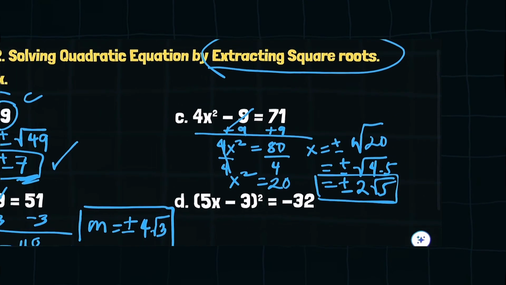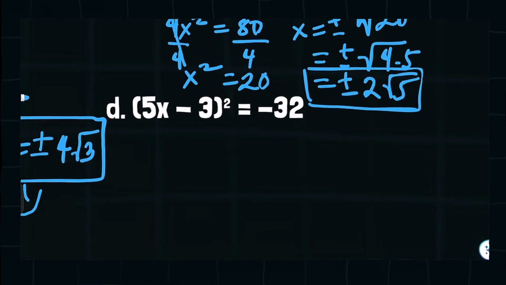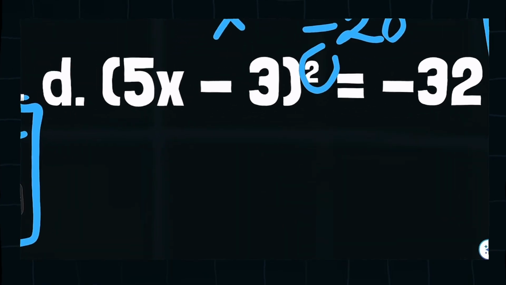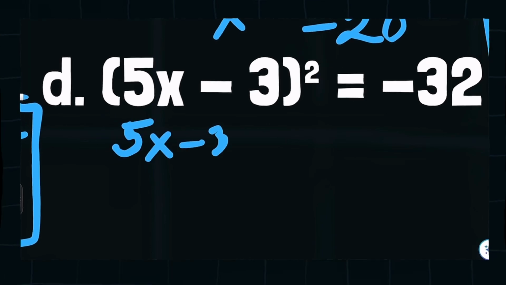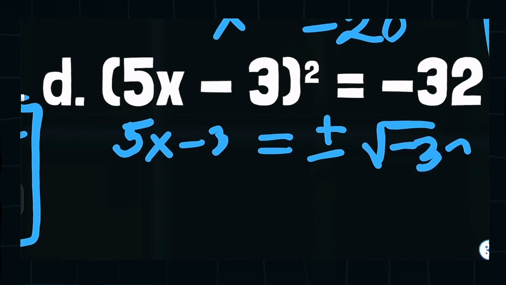Alright, let's have our final example before the activity. In this case, we have 5x minus 3 quantity squared equals negative 32. How can we solve this? First is to apply immediately the square root principle, since the two terms are bounded by a square. Using it gives us 5x minus 3 on the left-hand side equals plus or minus square root of negative 32.